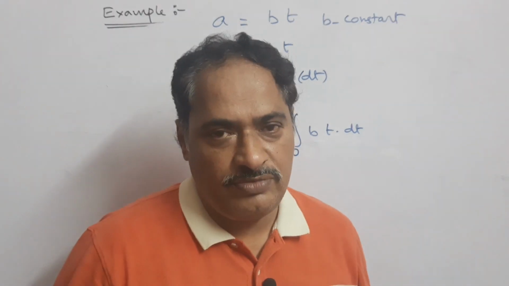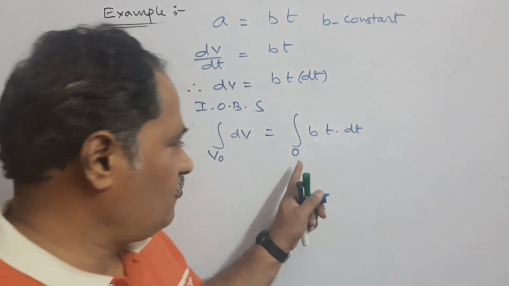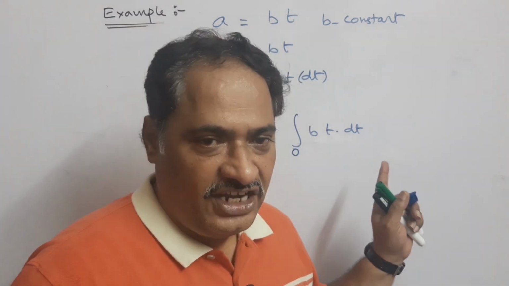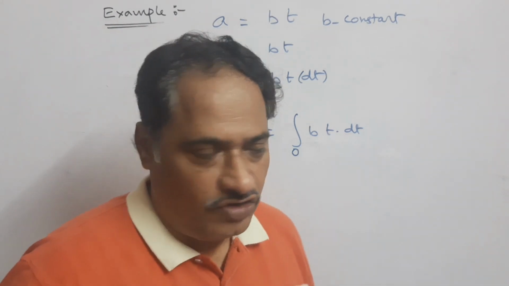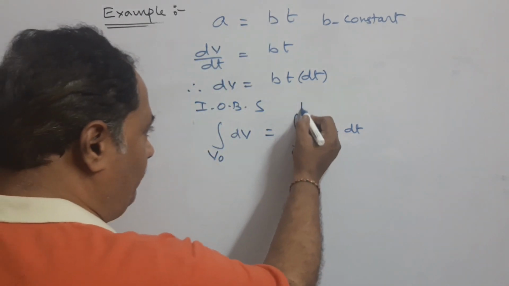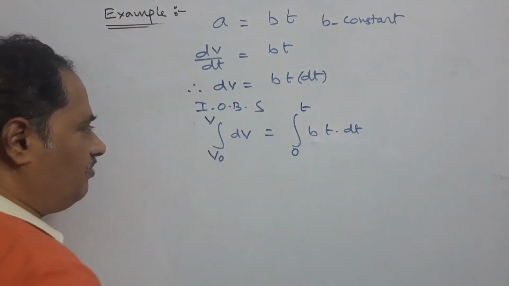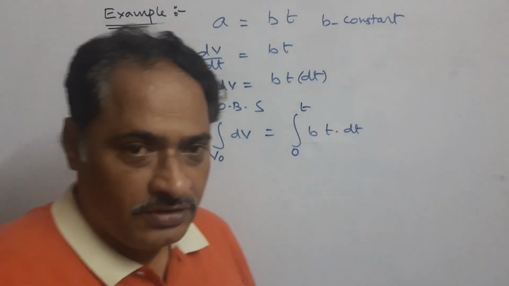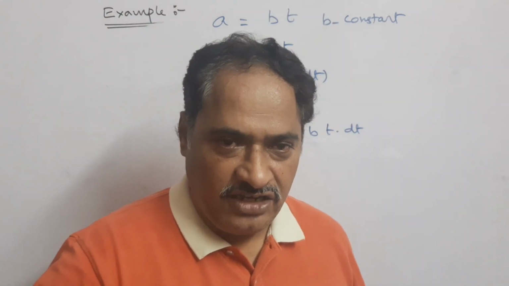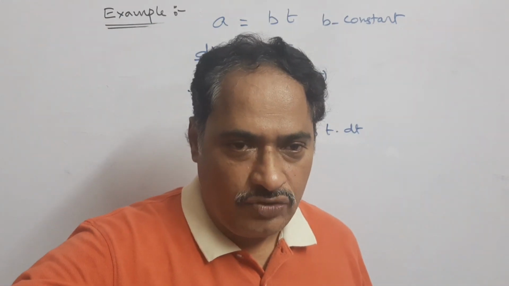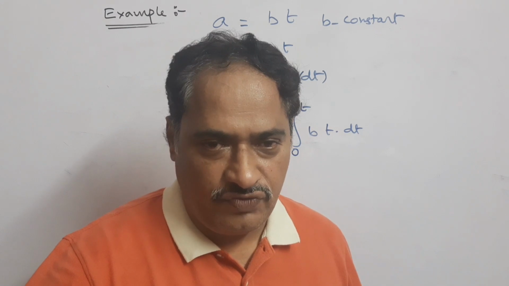Writing limits is most important for us. Here, starting when t is equal to 0, it has some initial velocity v0. After certain time t, its velocity can be considered as v. As you know, integral dv means 1 into dv. Then you can write v power 0, anything power 0 is equal to 1.